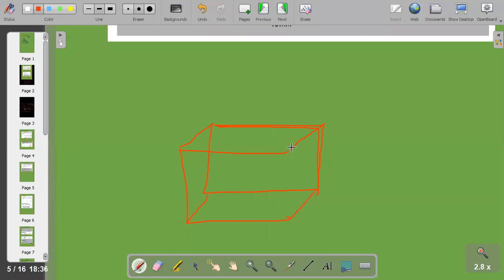Let's say this is the rubber, the rubber that is there in your pencil box. What will happen if you press only this side with a force P?